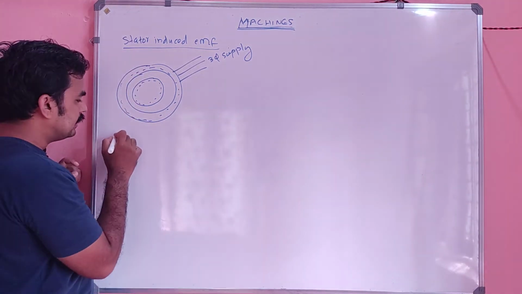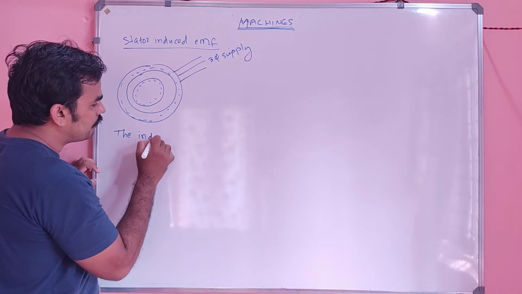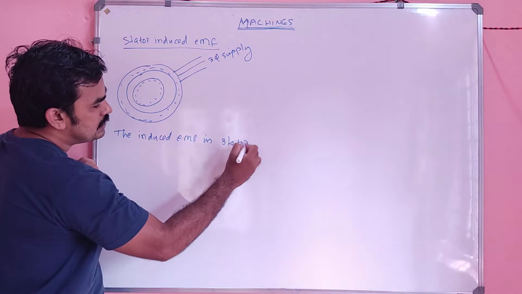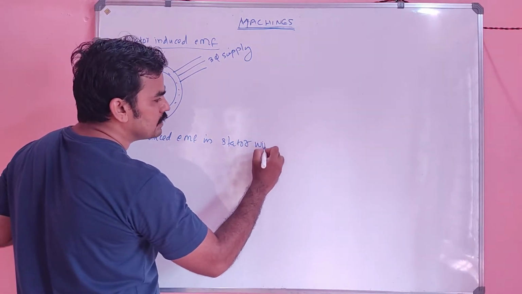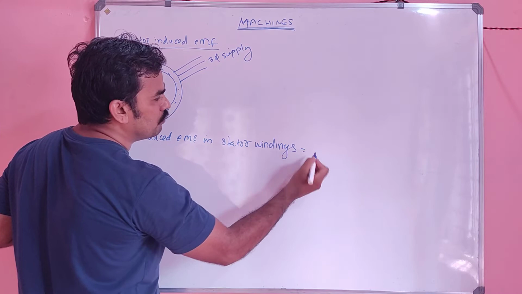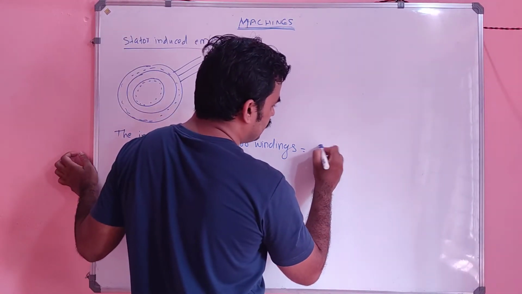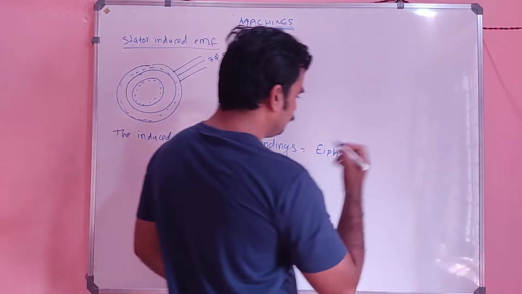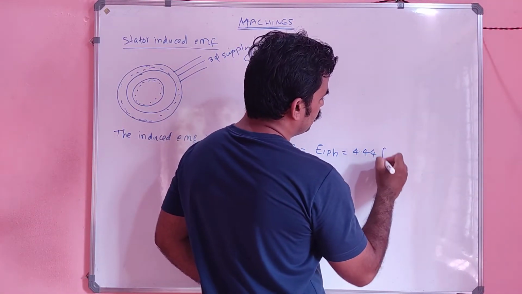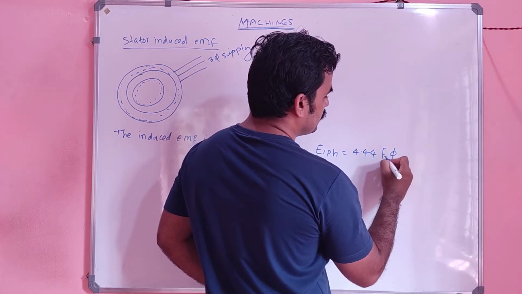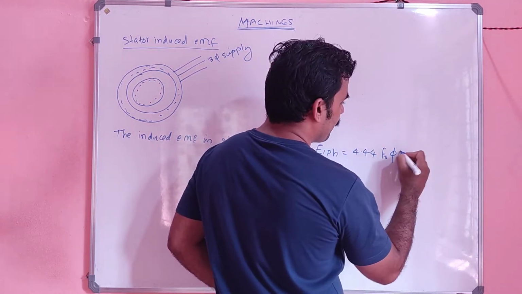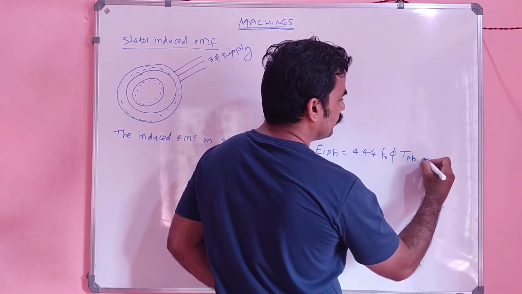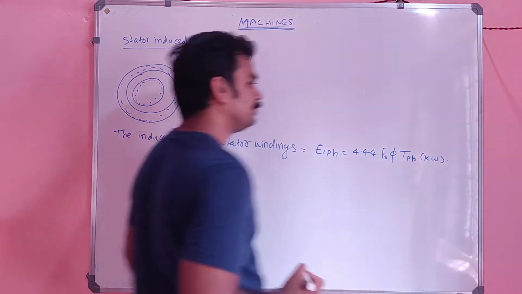So we can say that the induced EMF in the stator windings, I represent it as E1 phase, the induced EMF per phase, will be equal to 4.44 into Fs into phi into T phase into Kw.